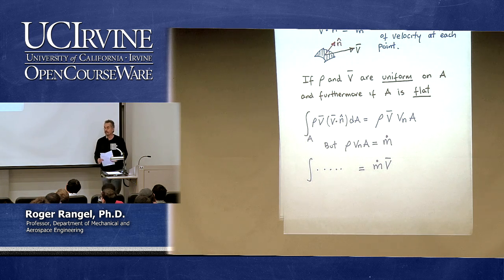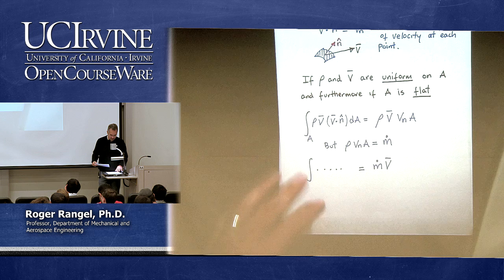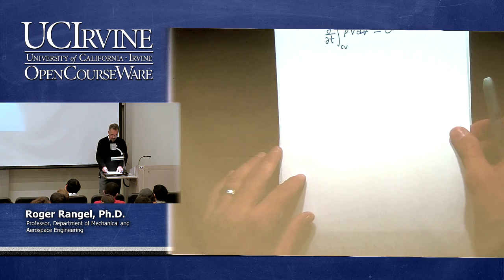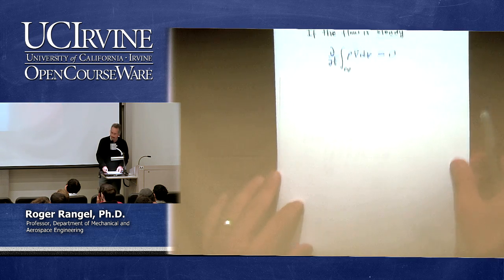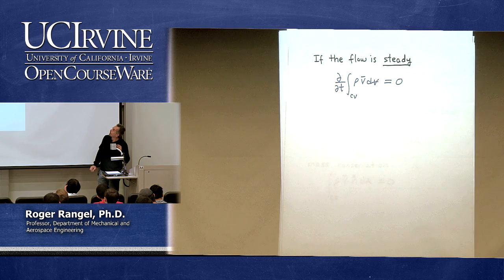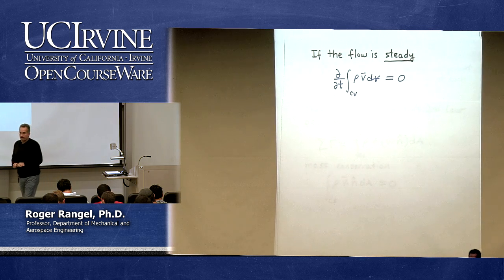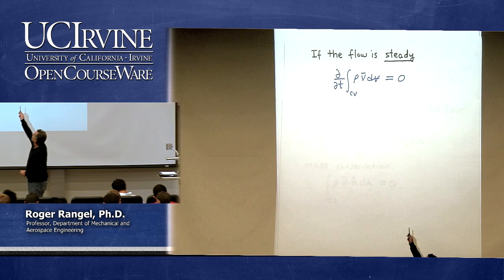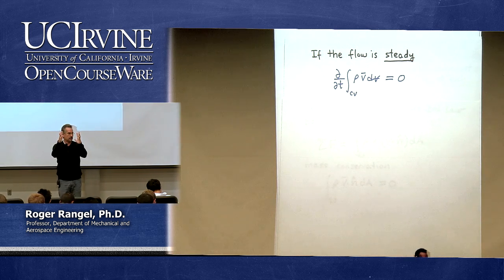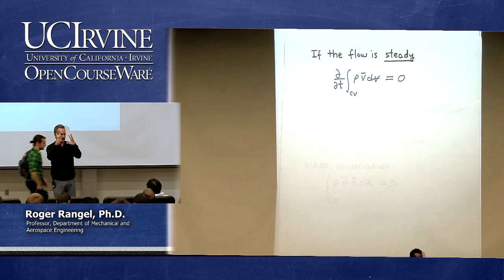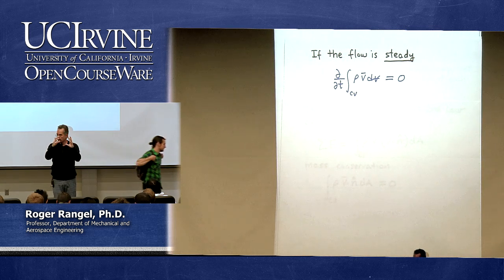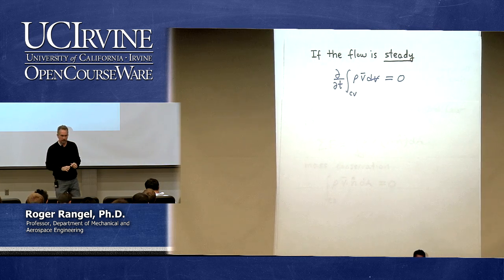A common assumption in many of the problems that we look at is that the flow is steady. So if the flow is steady, what happens? That means, if I'm looking at the control volume, at my device, inside of my control volume, it's always the same picture. It's not a time-dependent picture.